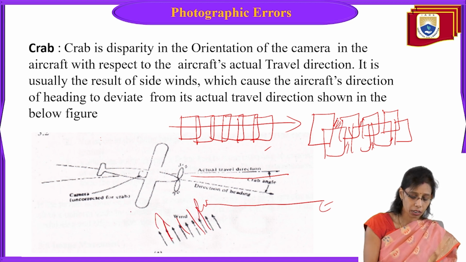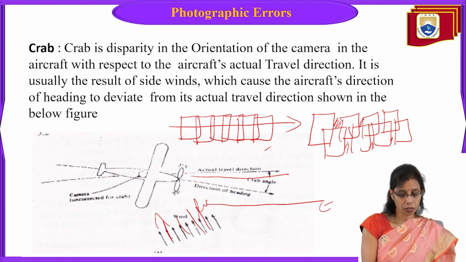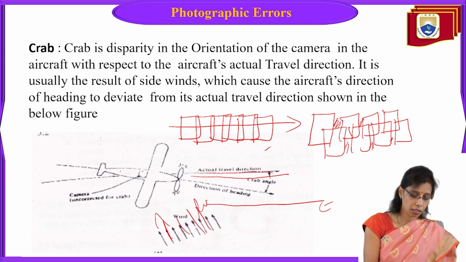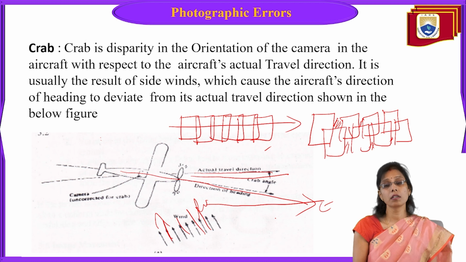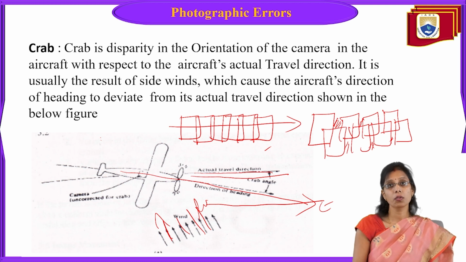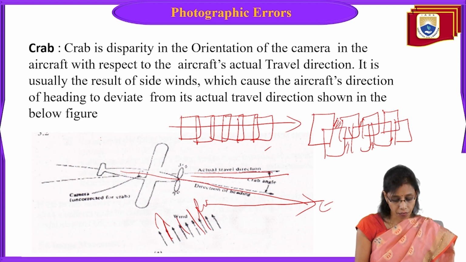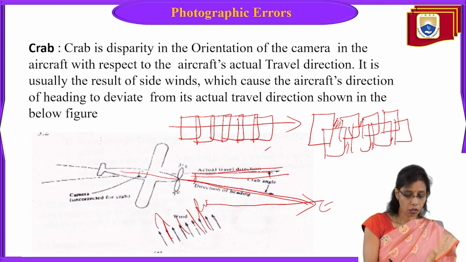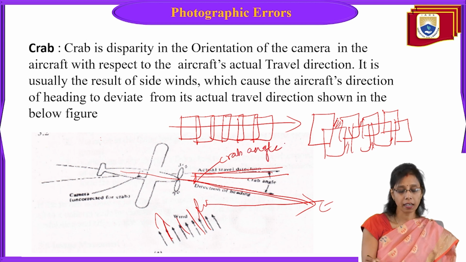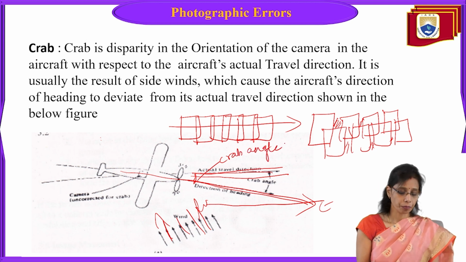It has to go in this way, but it goes in a wrong direction, an outward direction, a direction which is not at all under the flight line. So this is the actual flight line, but the flight goes in this direction. There is an angle formed here, and we call this angle a crab angle.